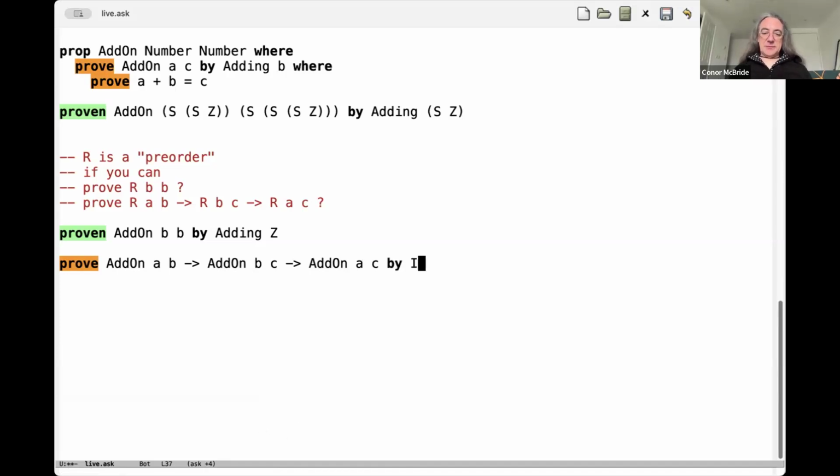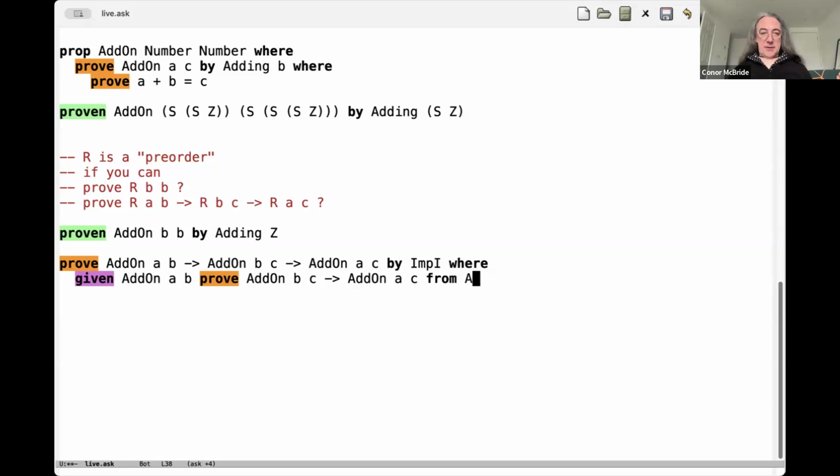So we'll do 1 step of implication introduction. That's the only game in town. And now we're given an assumption. And instead of doing more implication introduction, let's get the value from the assumption we've just introduced.